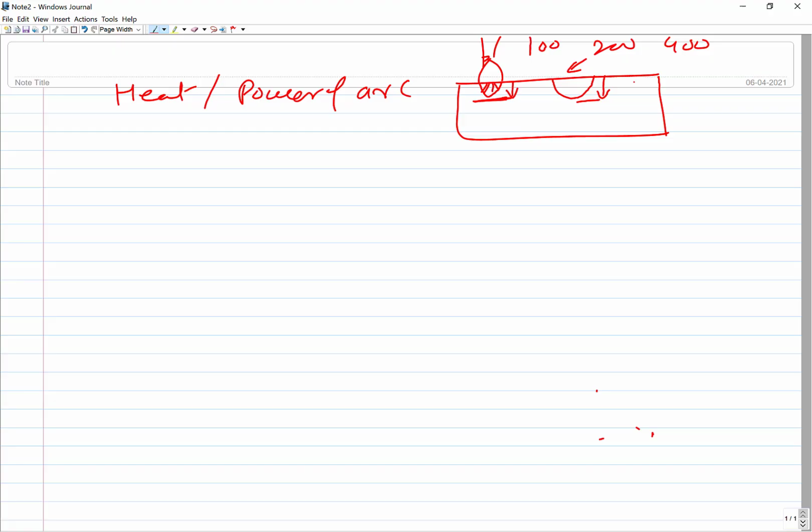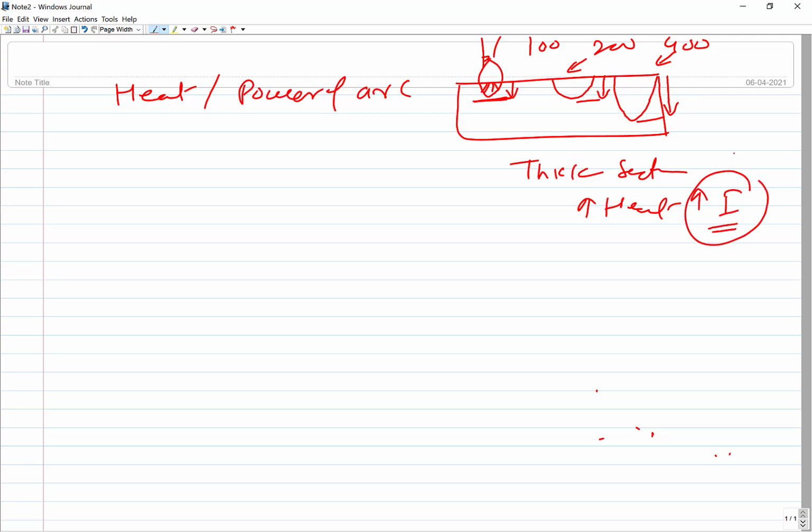For further higher welding current, higher heat input, higher power of arc, the weld zone is further bigger and the penetration is further deeper. So for welding thick sections, thick plates in one pass, we need to increase the heat, and that can be done primarily by increasing the welding current.